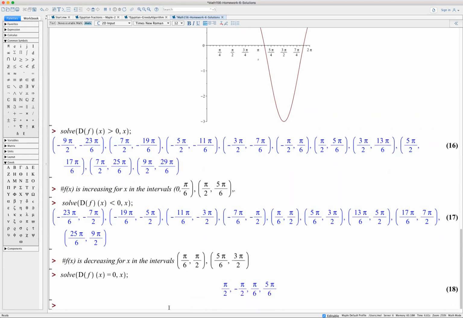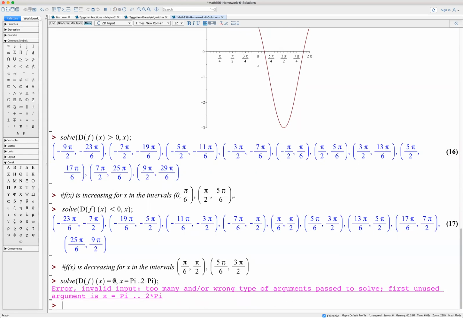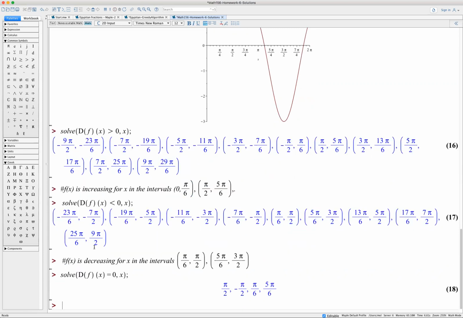It's only giving us the zeros between minus pi and pi. I don't know why it doesn't want to give me all the zeros. So in any case, we have pi over 2, pi over 6, 5 pi over 6.